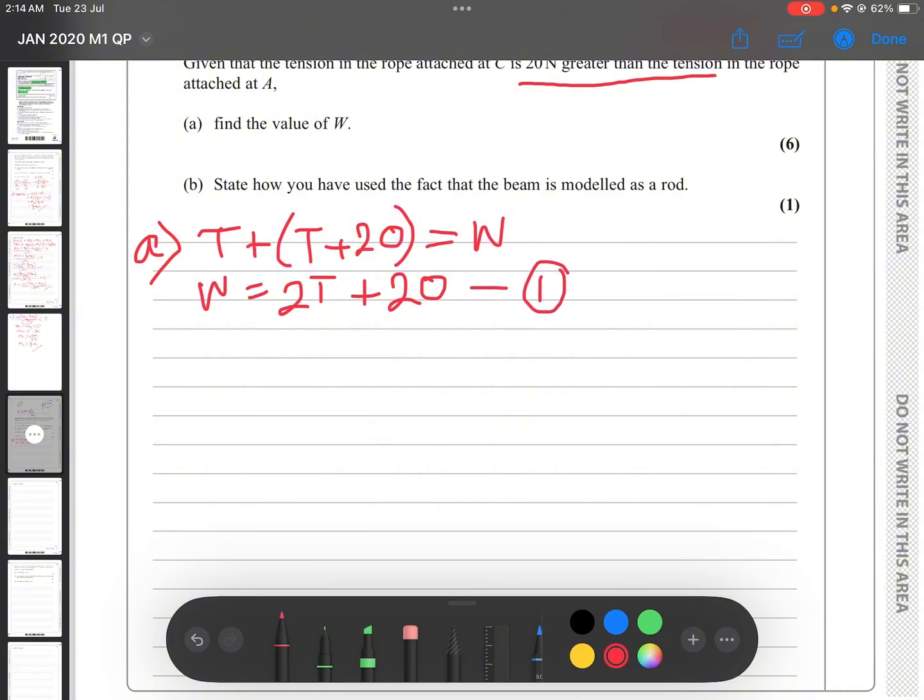The second equation is moment equals, everyone probably knows this from IGCSE, force into distance. We are going to follow exactly that. So the total moment clockwise is equal to the total moment anti-clockwise.